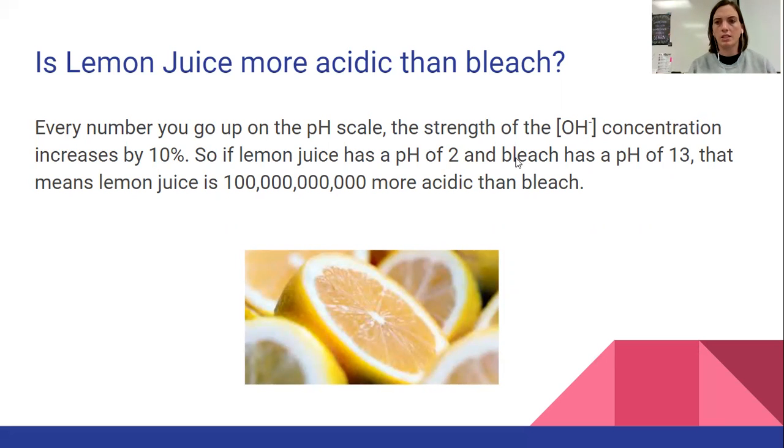Bleach has a pH of 13, so that's going to be, let's see, 1, 2, 3, 4, 5, 6, 7, 8, 9, 10, 11. Yeah, 13 minus 2, okay, is 11, and there's 11 zeros here, so that's a 100 billion difference in how often you find hydrogen. So that's why lemon juice is much more acidic than a strong base like bleach, okay? Again, because of how often you find the hydrogen.